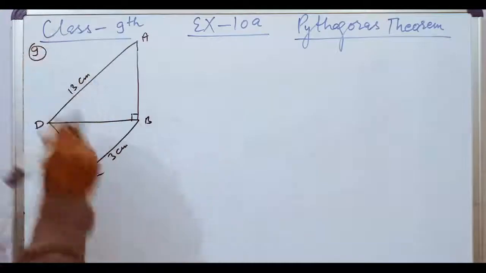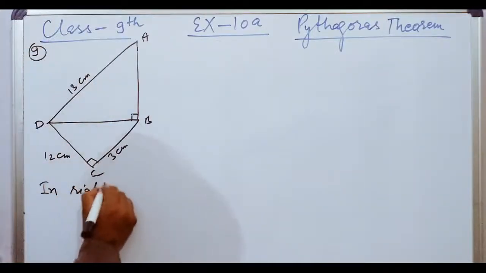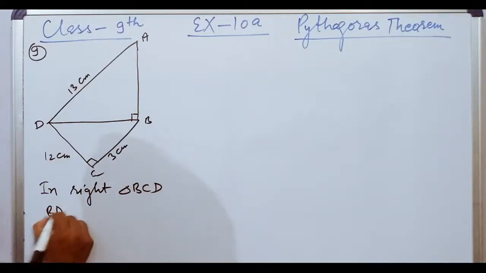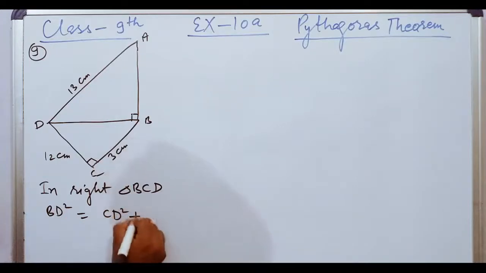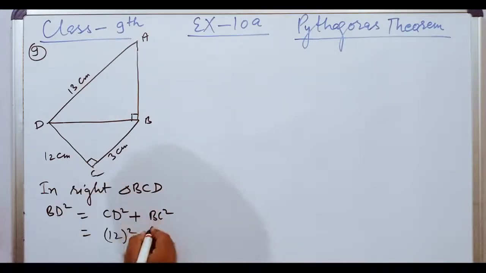Now first in right triangle BCD, BD square equal to CD square plus BC square. CD square means 12 square plus BC square.